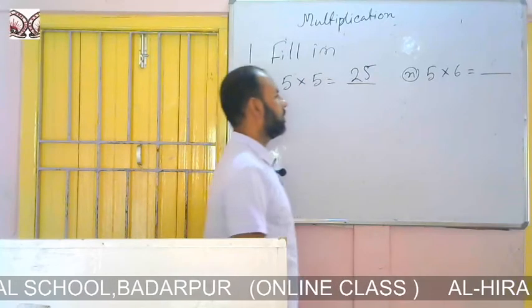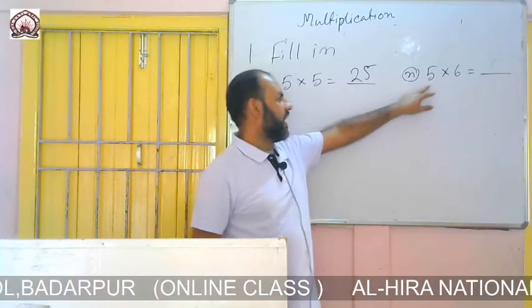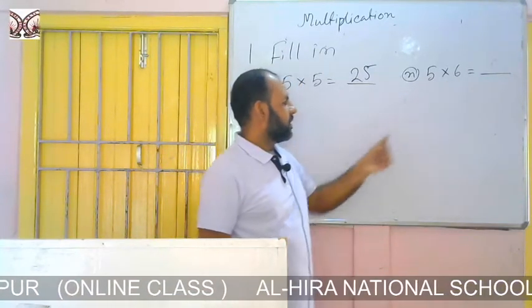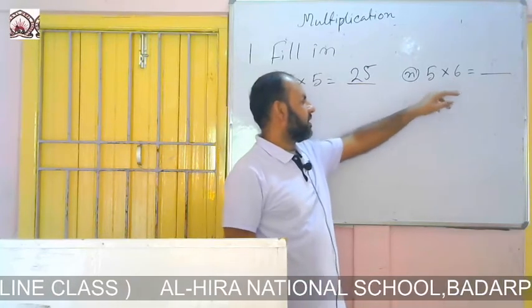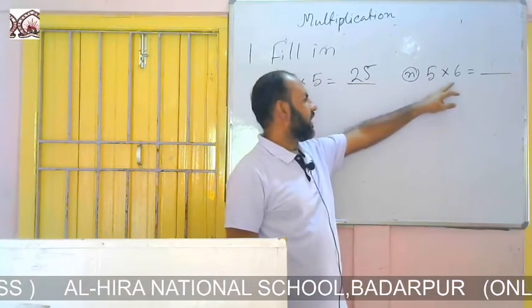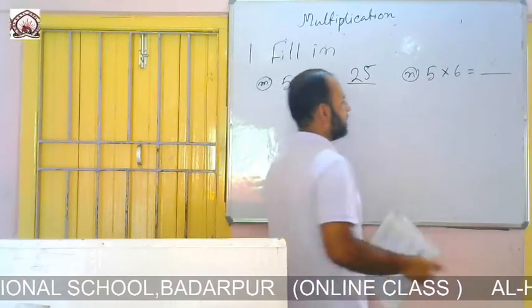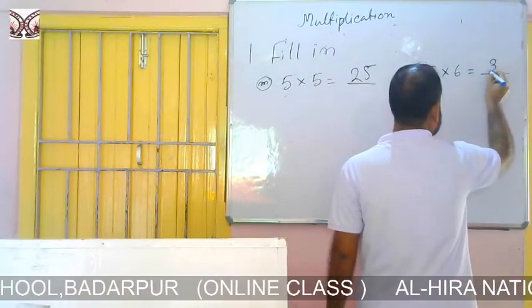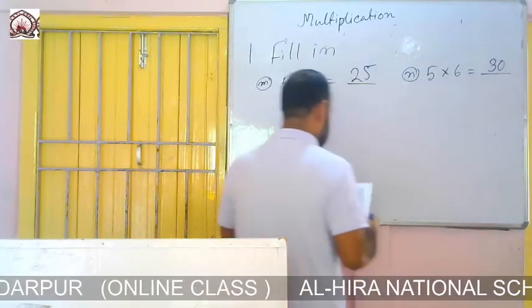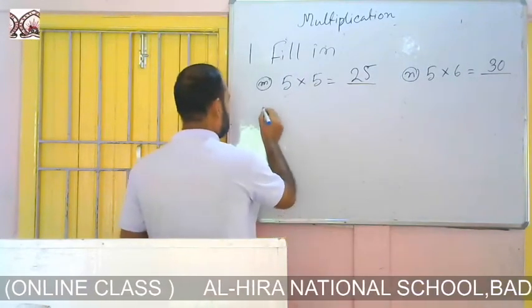So here 5 1s are 5, 5 2s are 10, 5 3s are 15, 5 4s are 20, 5 5s are 25, 5 6s are 30.